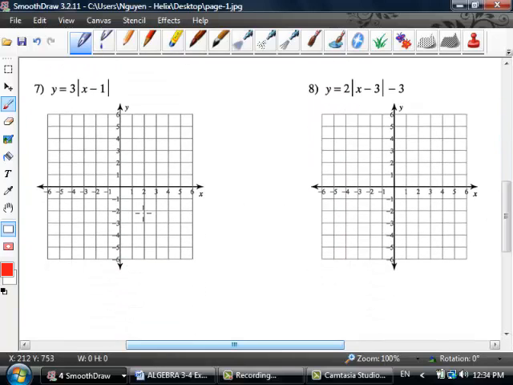Okay. Who can describe this graph here? How about Max? To the right 1.